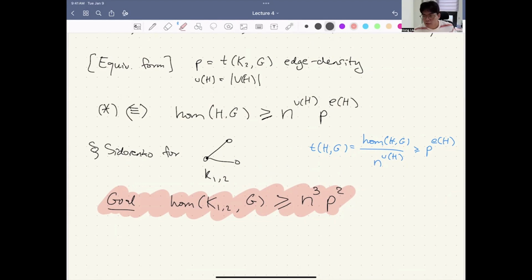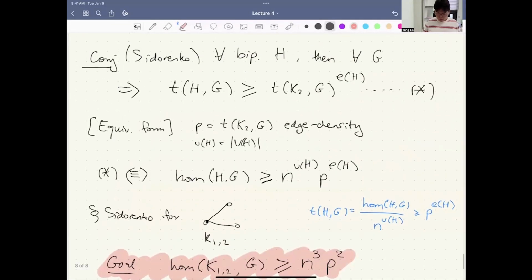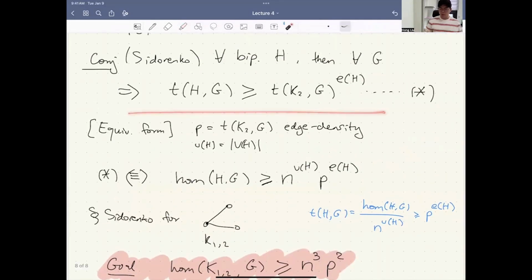So there's someone asking, what's the significance of the bipartite property in Sidorenko's conjecture? Well, first of all, this conjecture is false when H is not a bipartite graph. Why bipartite graph? I don't know. Your question is essentially equivalent to the conjecture itself.